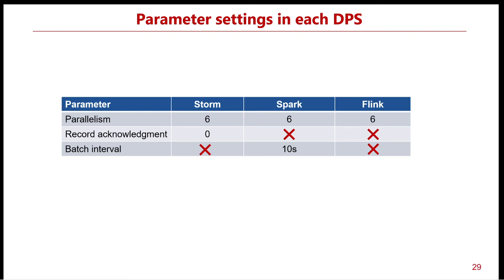So we use a parallelism of 6 in each system. We disable record acknowledgement in the case of Apache Storm by setting this value to 0, and Apache Spark has a parameter called batch interval, and we set the batch interval to 10 seconds.